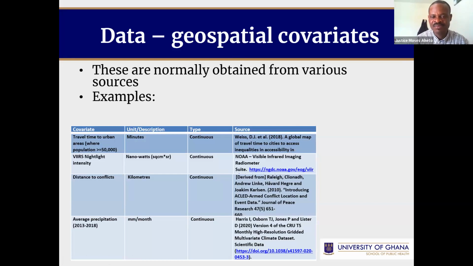For instance, could it be that the presence of stunting could be influenced by travel time to urban areas, or night light intensity, or average precipitation or vegetation index, or maybe if you have data on poverty at that geographical level, which you call poverty index, or a livestock index, how are they playing, or altitude or elevation? How are they influencing the outcome? You might want to account for this so that if you are getting some variability in your data or your outcome, you can explain what might be causing that variability, okay?